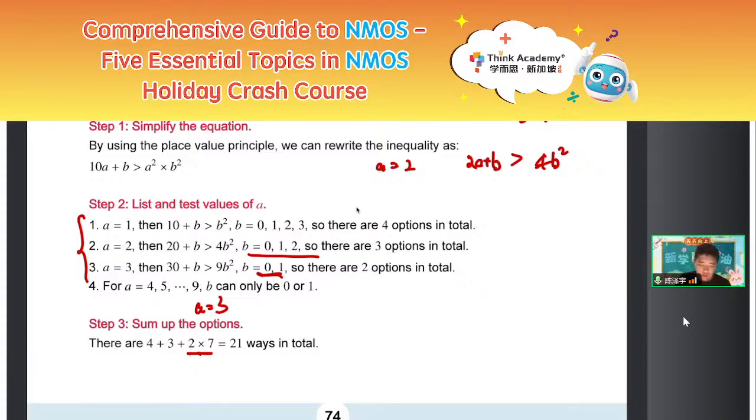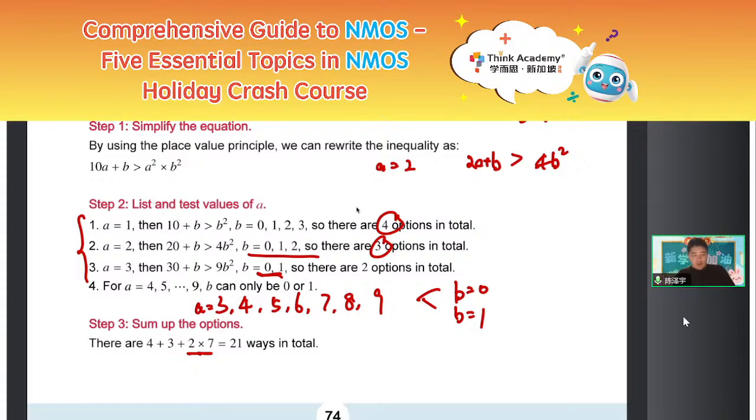For A equals 3, 4, 5, 6, 7, 8, 9, there are 7 values of A, and each of them has 2 options, B equals 0 and B equals 1. So that's why we have 2 times 7, plus the 4 we have here, plus the 3 we have here, in total 21.